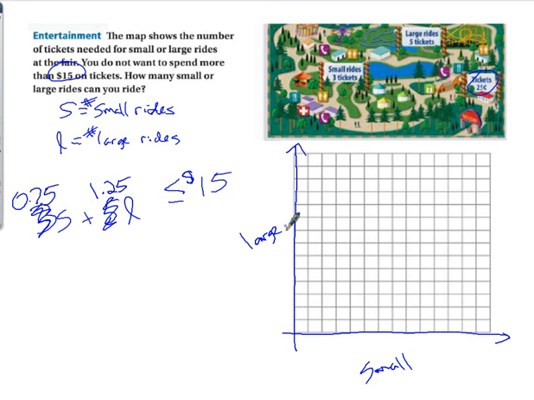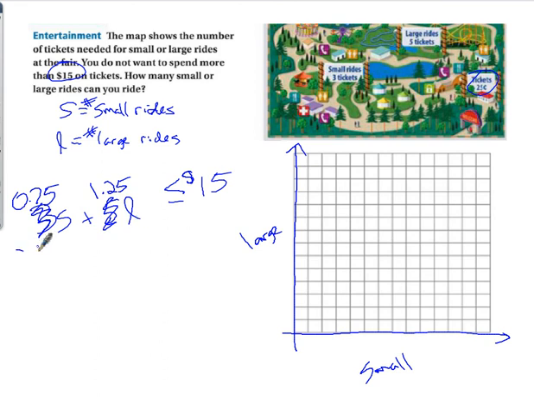But it starts with y. So what do I need to solve this inequality for here? Got to solve for a variable. Normally I'd solve for y, but y in this case is L, so therefore I need to solve for L to be in slope-intercept form.